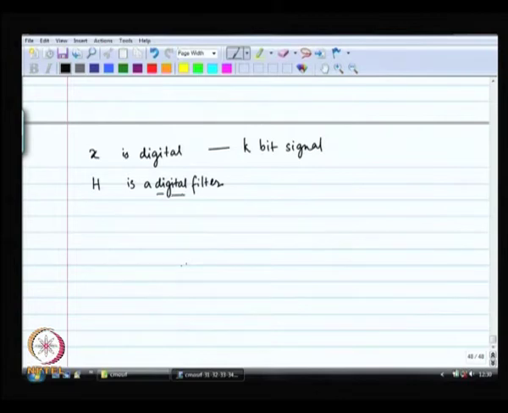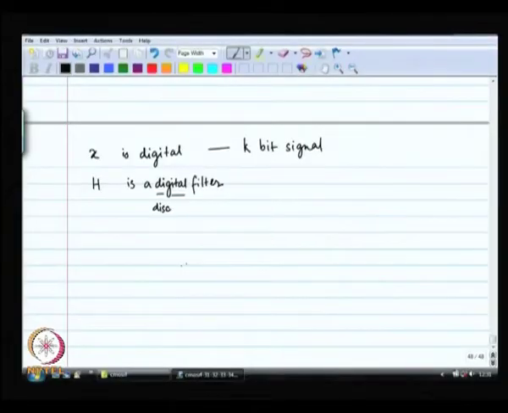By digital, I mean that it has bits as input. So, it is not just a discrete time system, it is discrete time and digital.